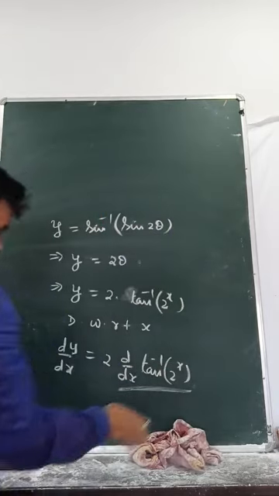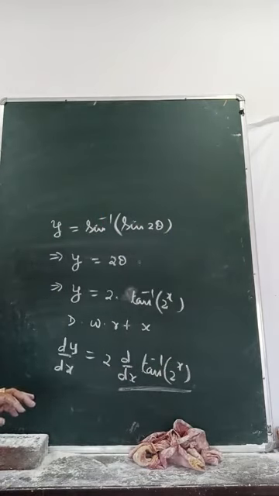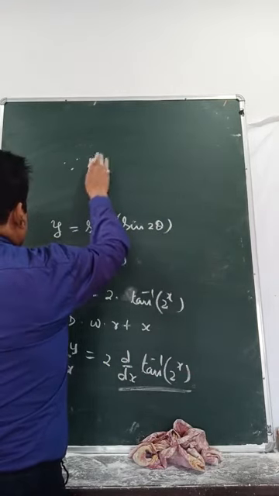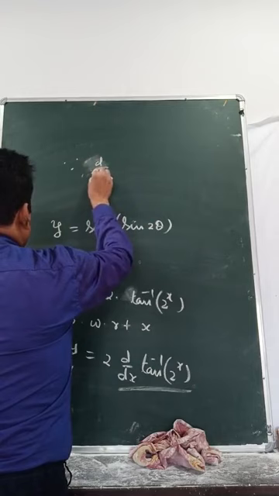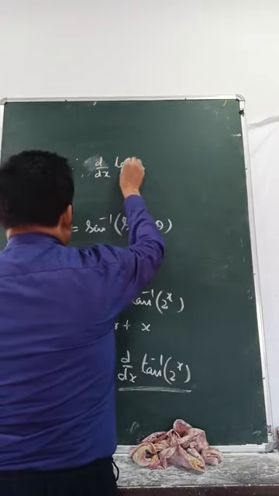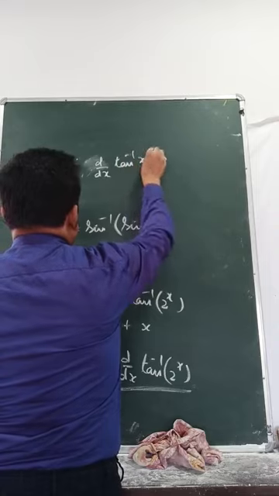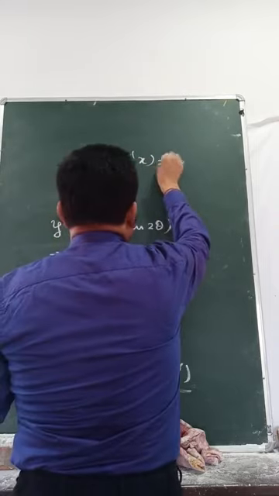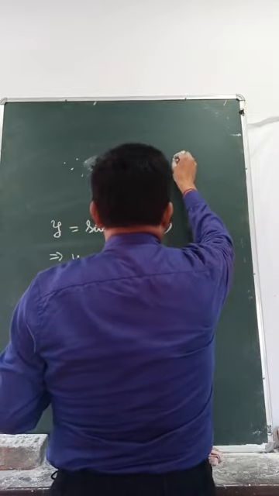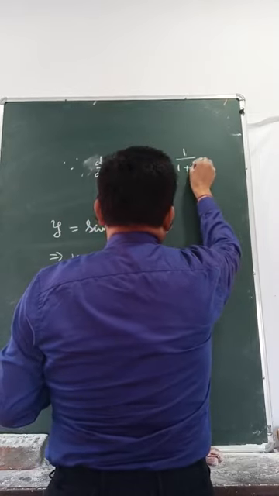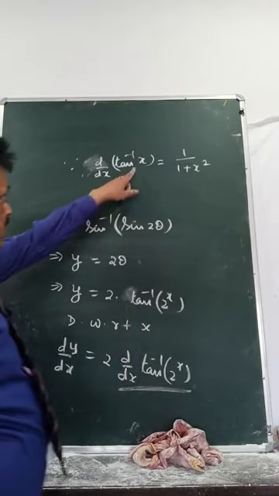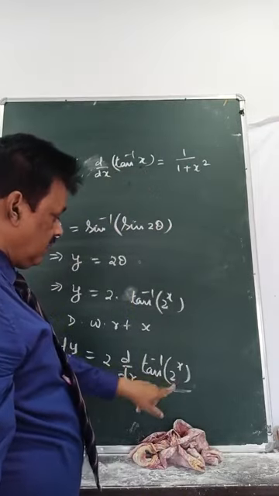Since the derivative of tan inverse x equals 1 by 1 plus x square, but in place of x we will have 2 to the power x.